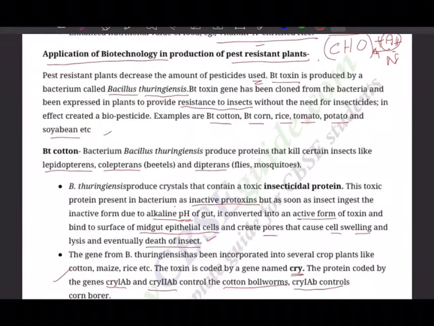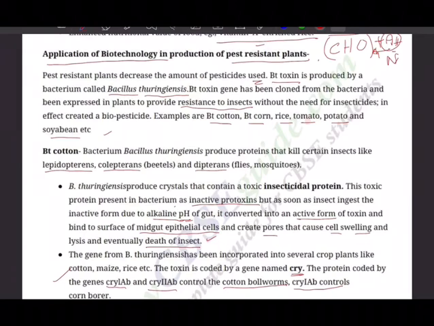So we have defined what GMOs are: the organisms which contain a functional foreign gene experimentally introduced into their genome by genetic engineering from another species. They are called GMOs. Sometimes these are also referred to as transgenic organisms or transgenics.